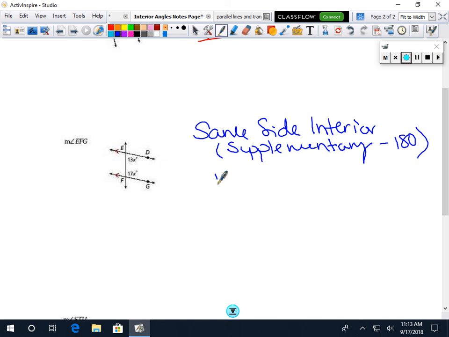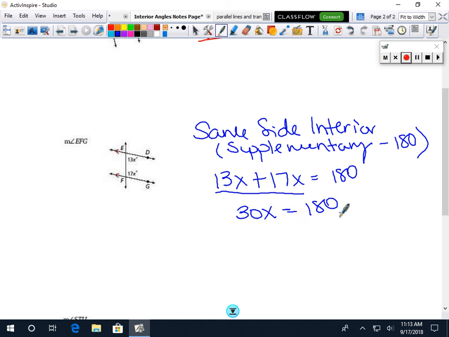So I'm going to set it up: 13x plus 17x equal to 180. Combine my like terms. 13x plus 17x gives me 30x, and that's equal to 180. Now all I have to do is divide both sides by 30, not 20, 30. 180 divided by 30 gives me 6, so x equals 6.